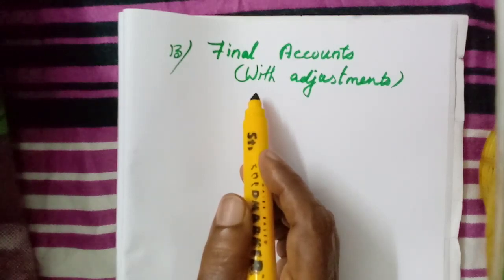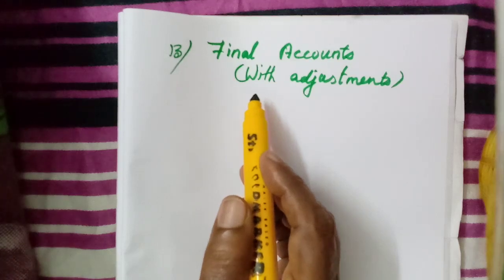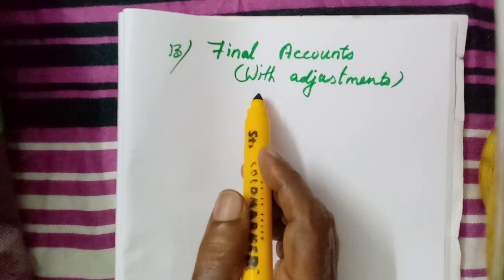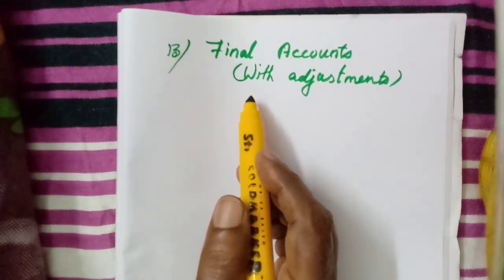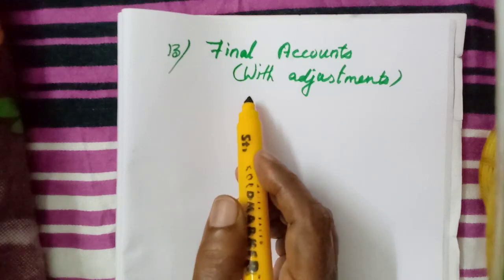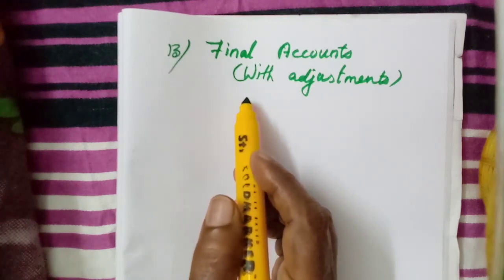There is one accounting concept that all the expenses must be matched with all the income of that particular year. Okay, only then we could calculate the exact profit of that year.